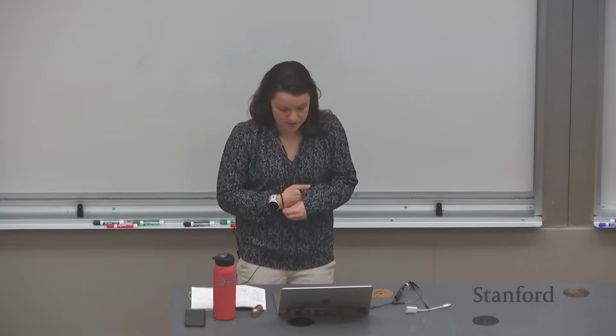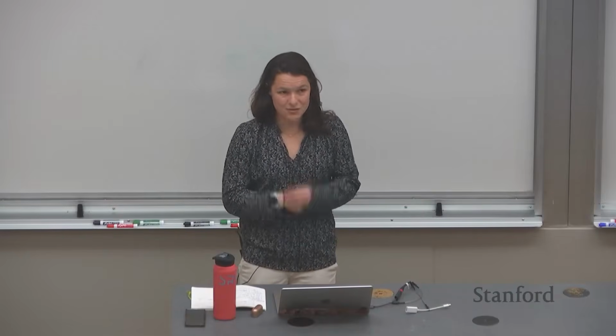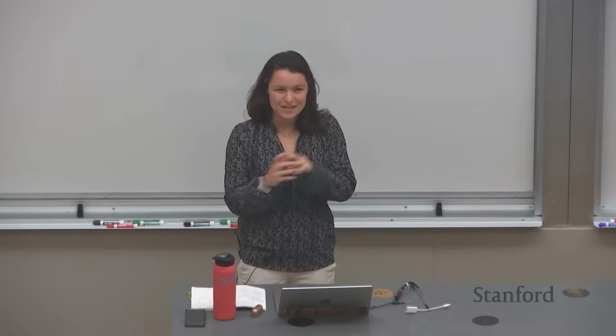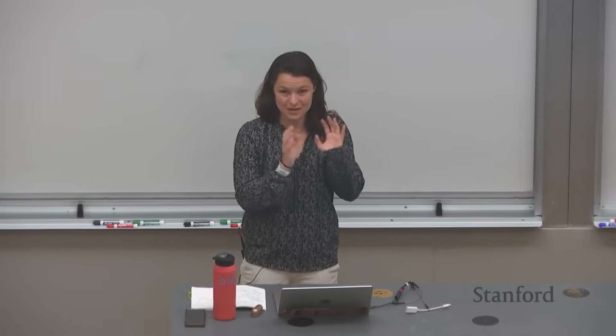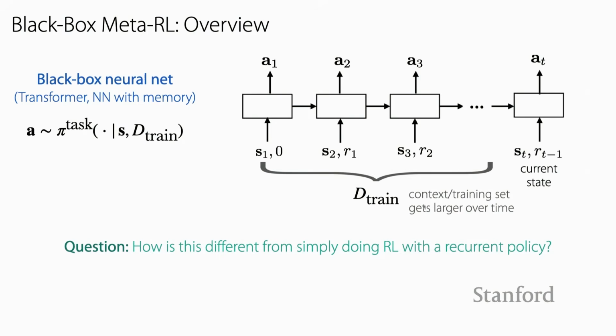Memory. Yeah, so typically in RL, we often don't use memory, and here we're using memory. So that's one thing. But compared to if we had used memory in a standard RL setup, what else is different here? Yeah, so one thing that we're doing here is we're actually passing the reward as input into the memory, and that's a little bit different in the sense that you're actually using reward information from the current MDP in order to try to get better at the task.